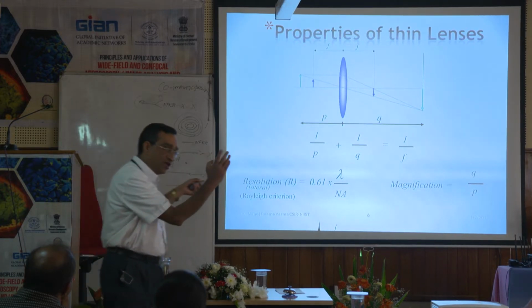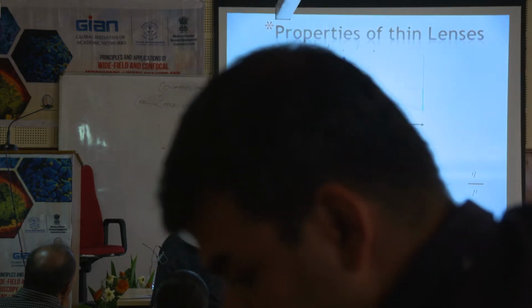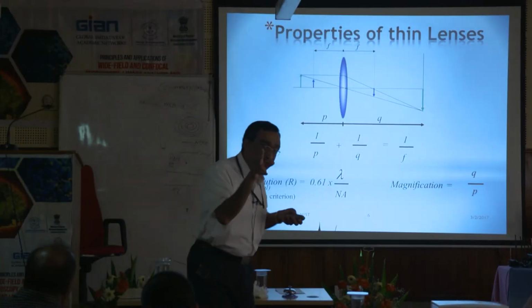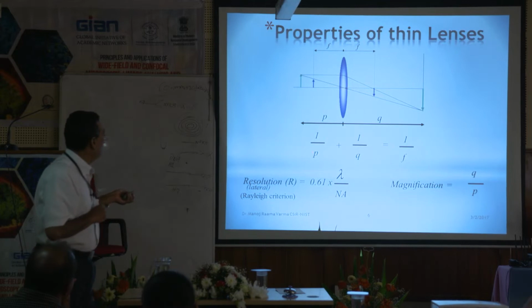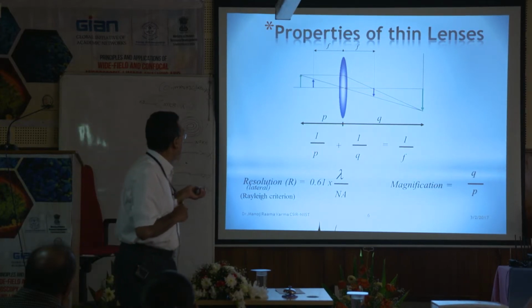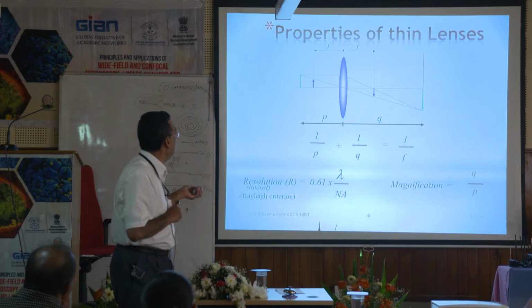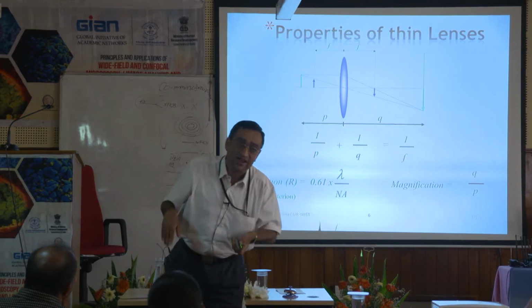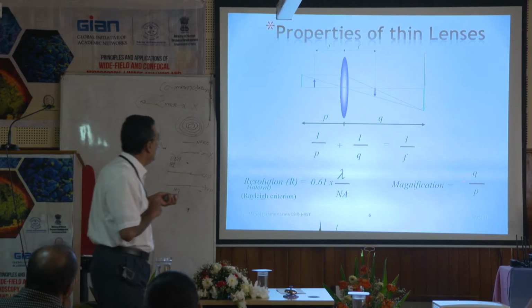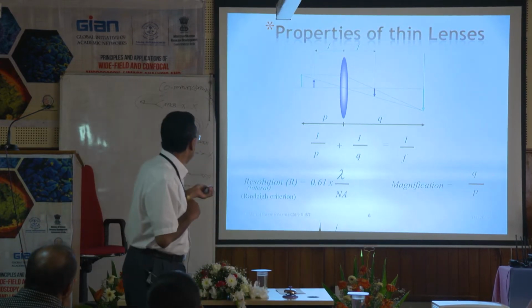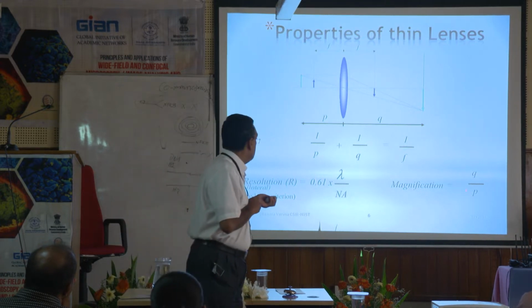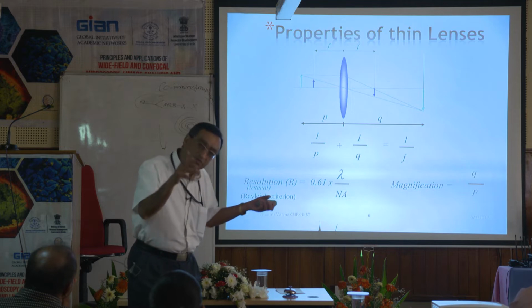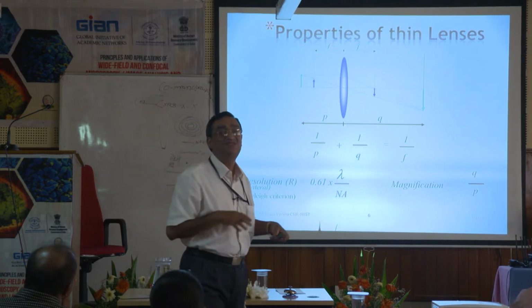If you keep the object away from the focus, you start getting magnified images. There is a formula relating the focal length, the object distance, and the image distance: 1/p + 1/q = 1/f, where p is the object distance, q is the image distance, and f is the focal length. The expression for magnification is q/p, the ratio of the image distance to the object distance. These are very simple expressions which you would have studied in school.